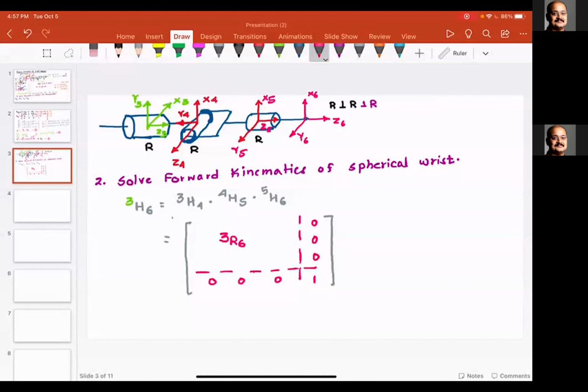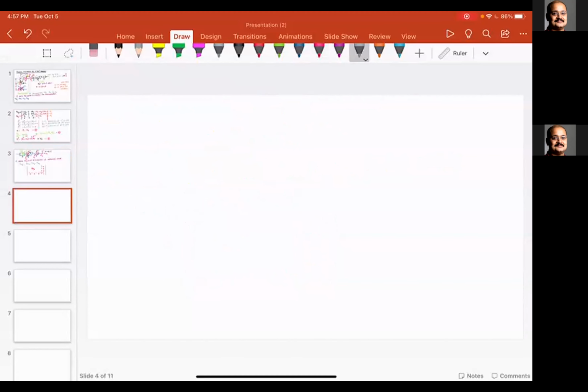Now, rather than calculating this 3R6 again, I will directly give you the value of 3R6. You can verify this, and this is what we did. The first column is C6, this is cosine theta 4, cosine theta 5, cosine theta 6, minus sine theta 5, cosine theta 6.